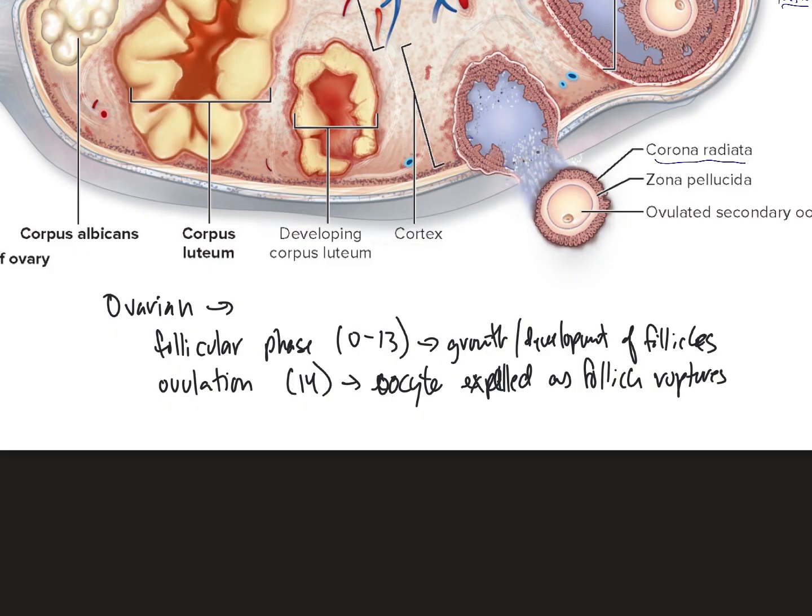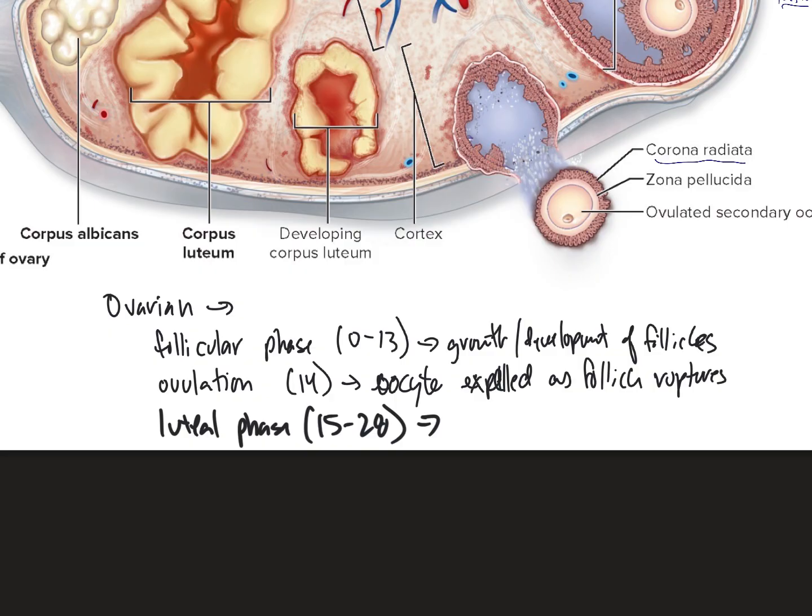And then finally, after ovulation occurs, the cells that are left over become a corpus luteum, and now we go from the follicular phase to the luteal phase. That goes from days 15 to 28.